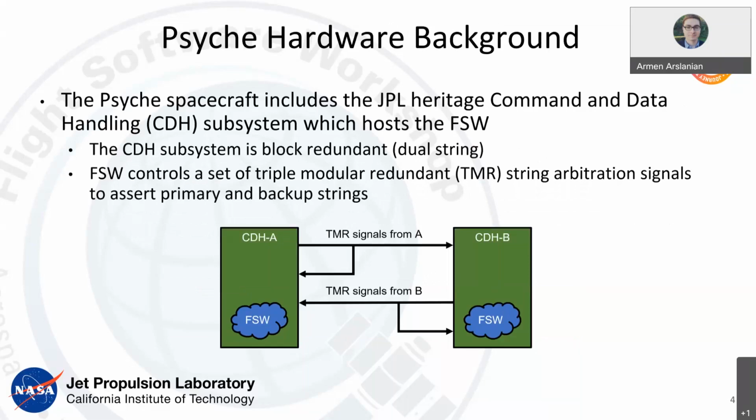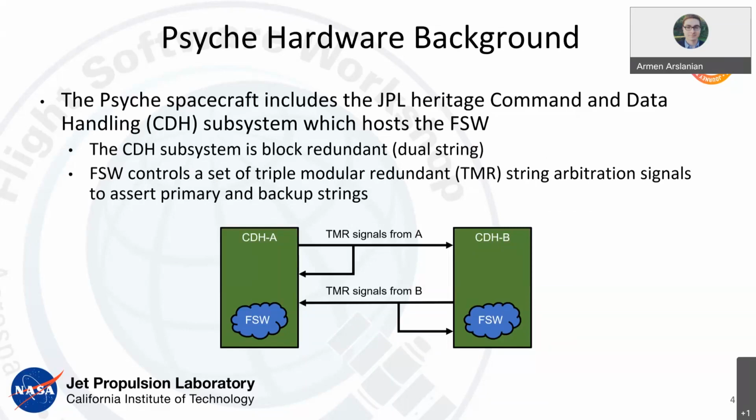This is a background of the hardware that we use on this mission. We have 2 command and data handling subsystems. They host the flight software, and these are block redundant pairs, so essentially what we call dual string.